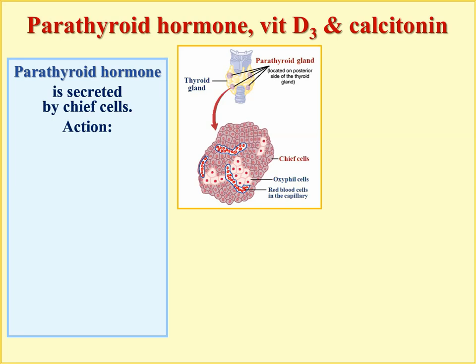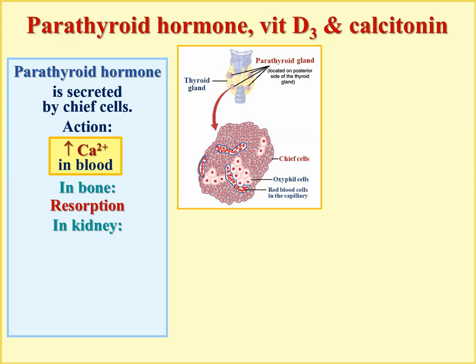And so all the processes it regulates are directed in such a way that calcium level should become higher. In bone, it contributes to bone resorption. Calcium should be released from bone into extracellular fluid, into blood. In kidney, it stimulates calcium reabsorption.